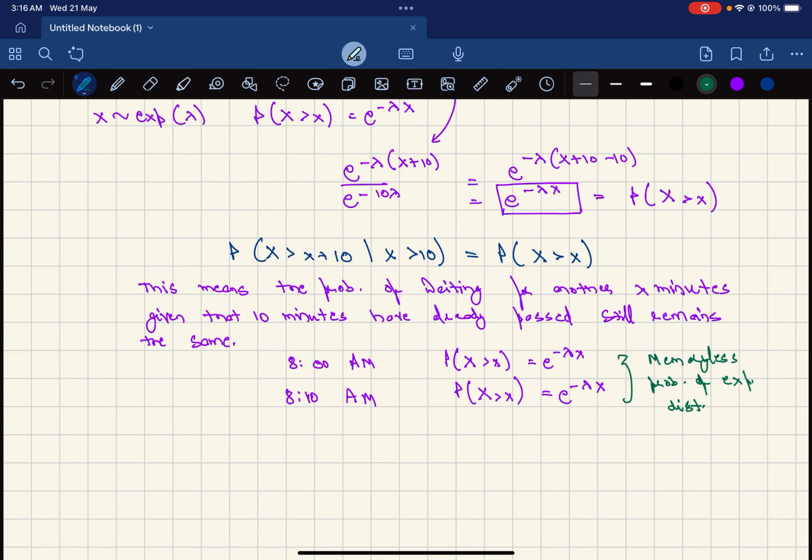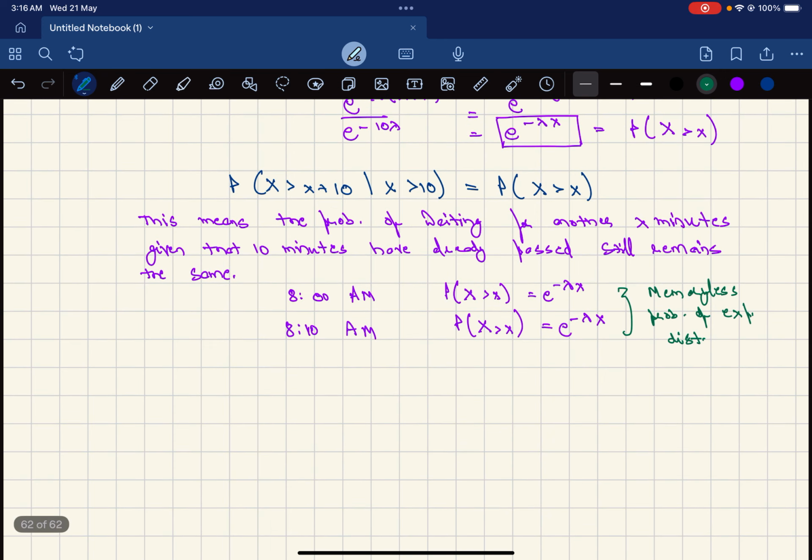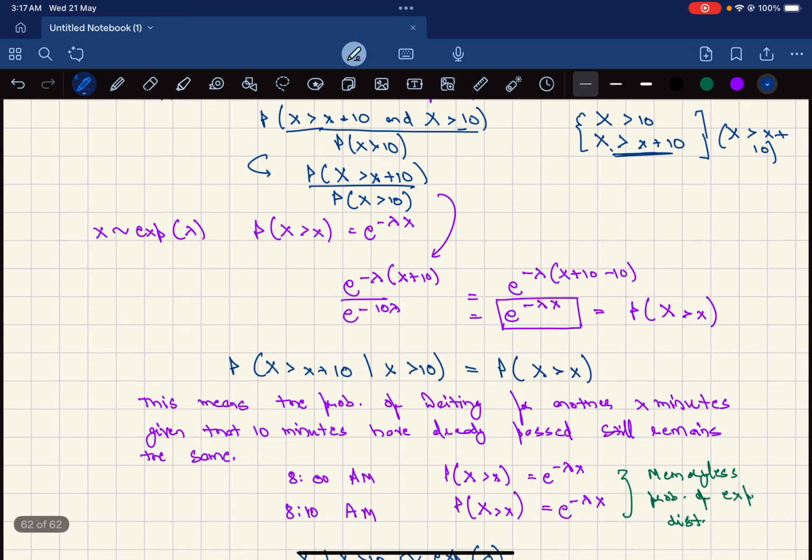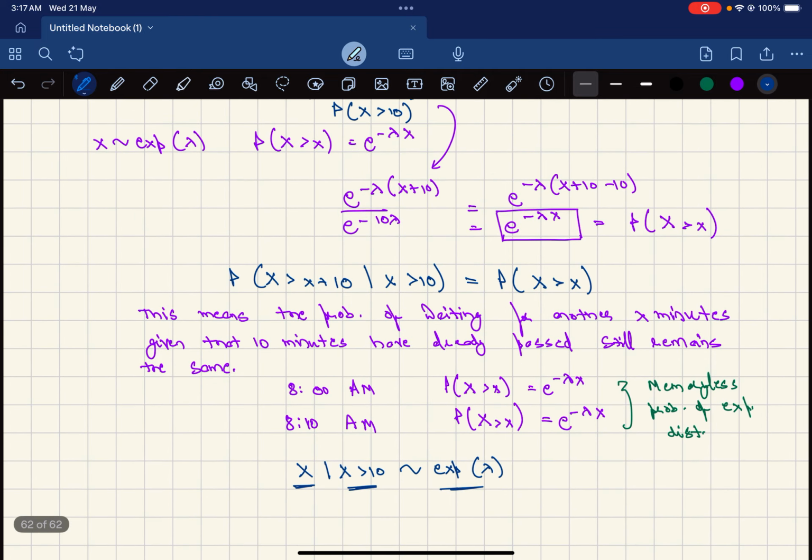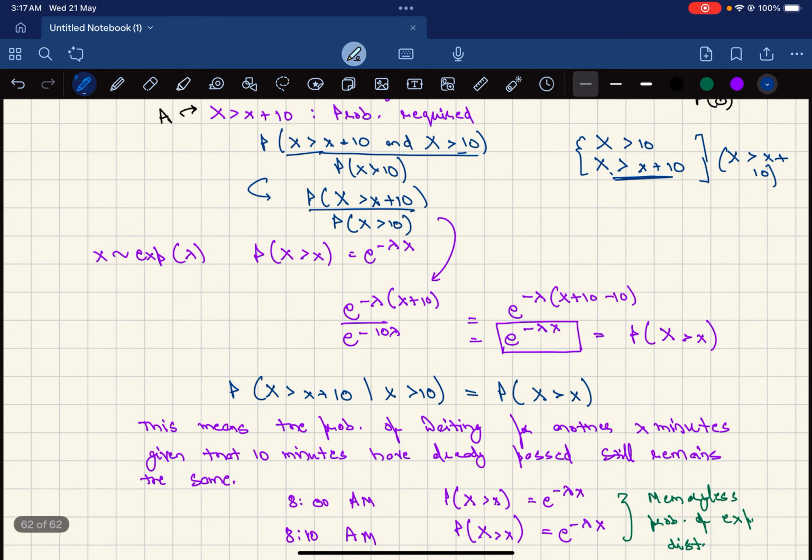So we can also write this as x, given that x is greater than 10, is still exponential lambda. The distribution of the waiting time x, given that x is greater than 10, is the same exponential distribution with the same parameter value lambda. So this is how we can derive the memoryless property of an exponential distribution.